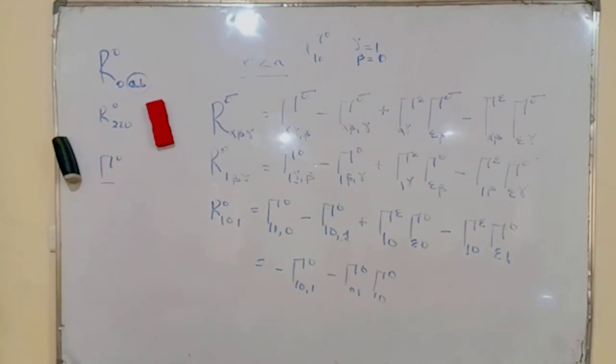Let me see what you got. You're just giving me the final expressions here. What do you get for R's? What do you get for R0?